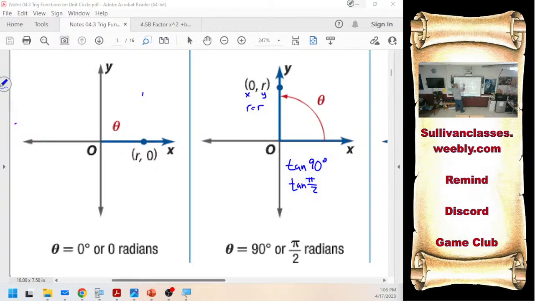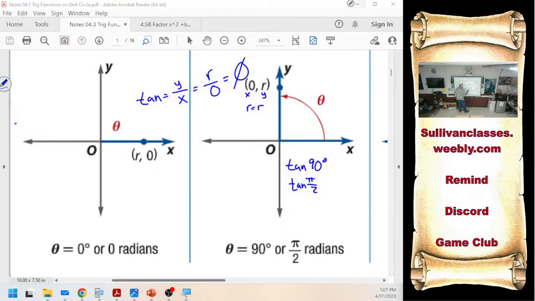Well, tangent, isn't that y over x? R over 0. Thou shalt not divide by 0: undefined. The tangent of 90 is undefined.